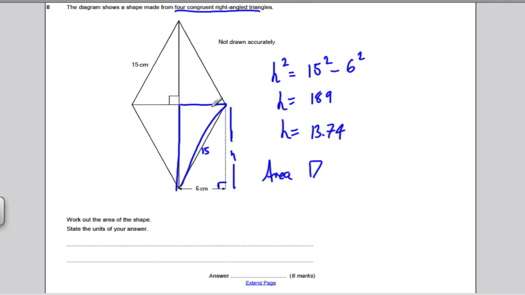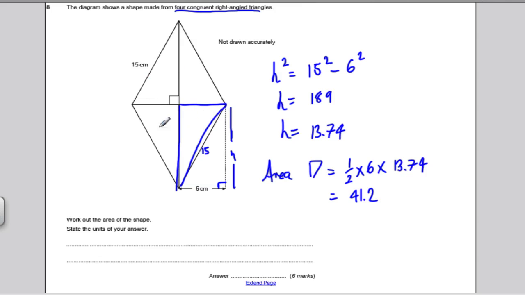Well, it's half the base is 6, times the height, which we now know is 13.74. And you get 41.2.